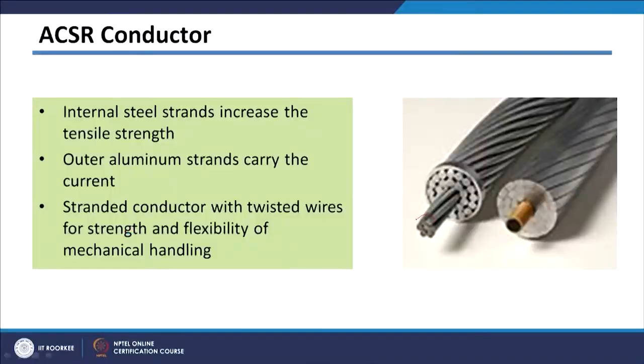The structure of ACSR conductor is like this: there are aluminum strands and steel strands. The steel strands will be at the middle, which are given to increase the tensile strength, and the aluminum conductors at the outer part are basically to carry the load current.